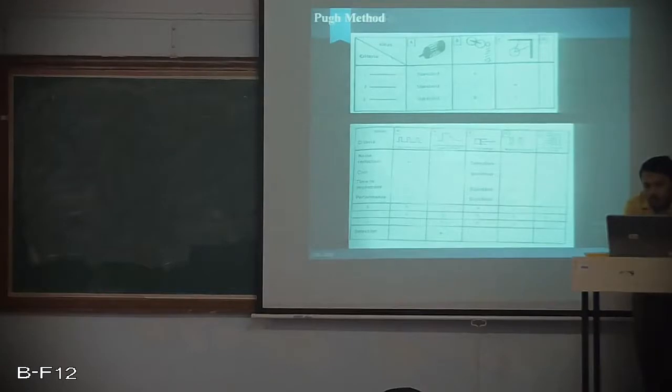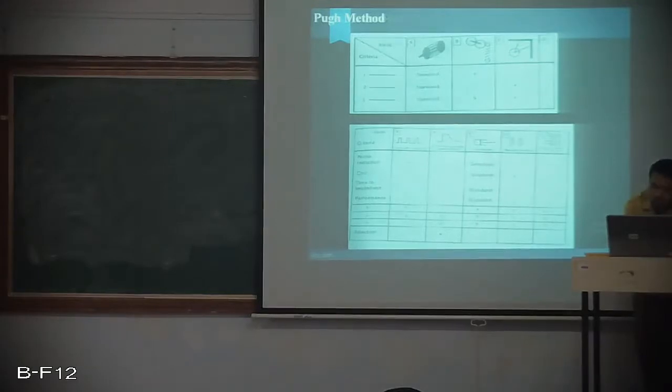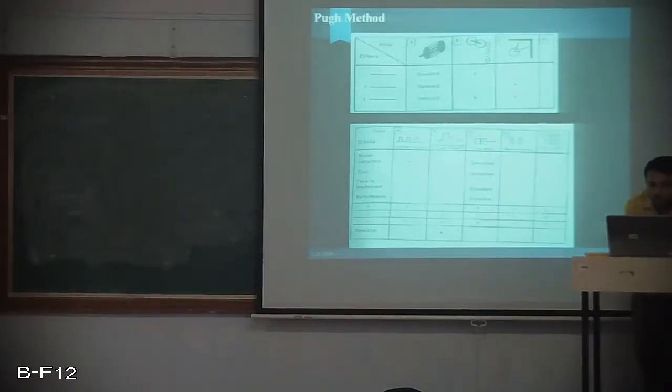If you look at the first, for noise reduction, that particular concept design is giving more than standard, so we have written plus. For cost, it has less cost, hence it is written as positive. For time to implement, it requires more time, hence we have written negative. And performance, obviously it is going to perform better than C, hence it is plus. For B, with respect to noise reduction compared to the C component, it is good, hence a plus sign.